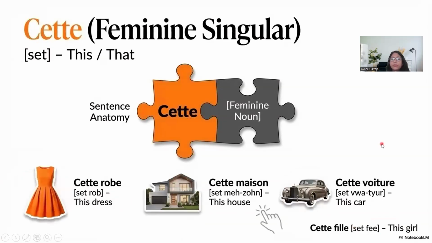Now, cette is used for nouns which are feminine and singular. For example, cette robe, this dress or that dress. Cette maison, this house. Cette voiture, this car. Cette fille, this girl or that girl.